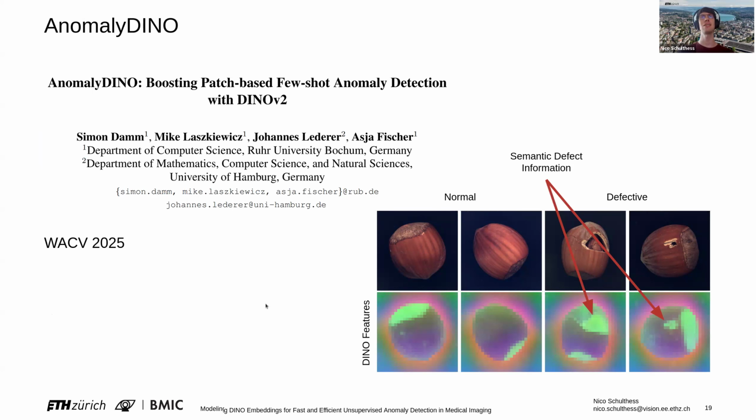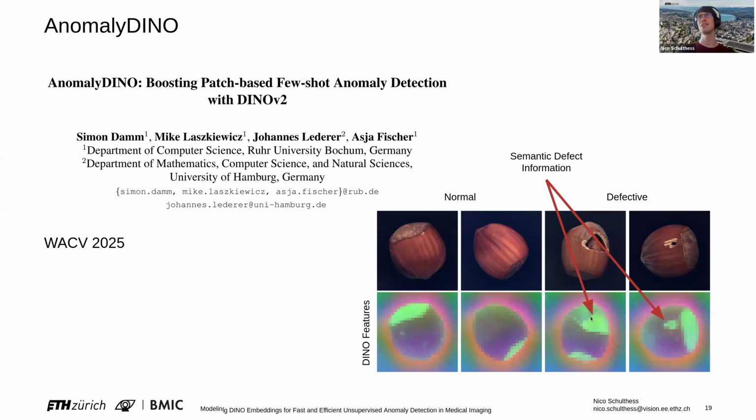The main idea of Anomaly DINO is to use DINO features, so to use their semantic understanding of the semantic concepts underlying an image. For example, when you look at these images of hazelnuts, we have 2 normal images and 2 hazelnuts with defects.